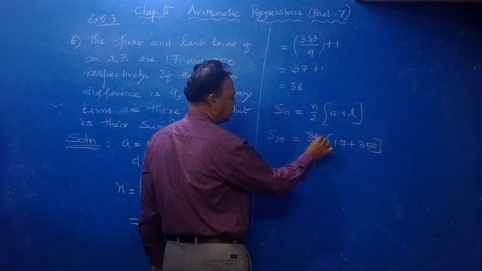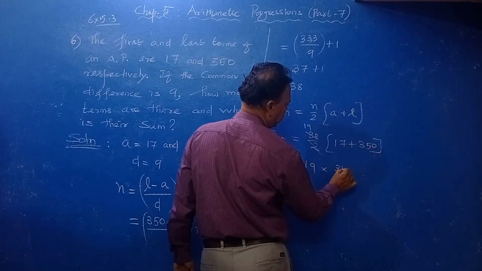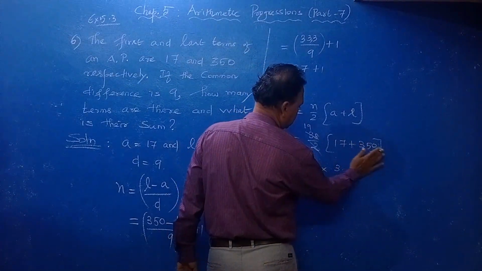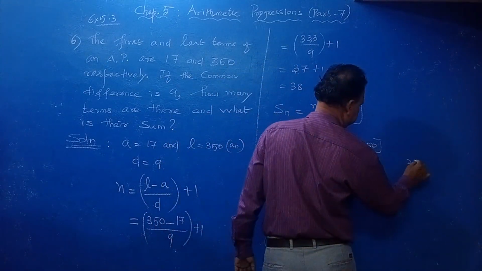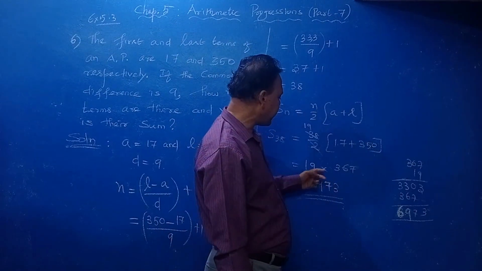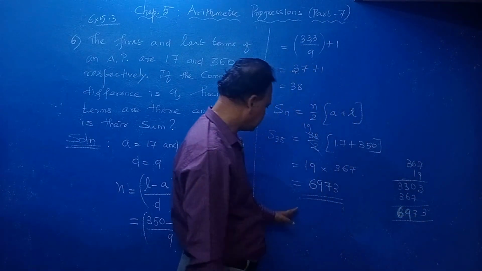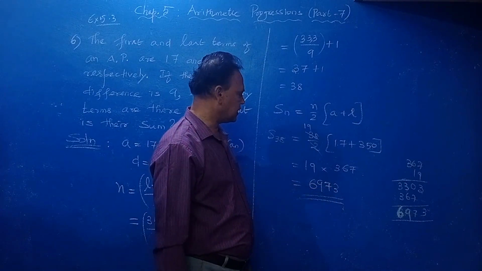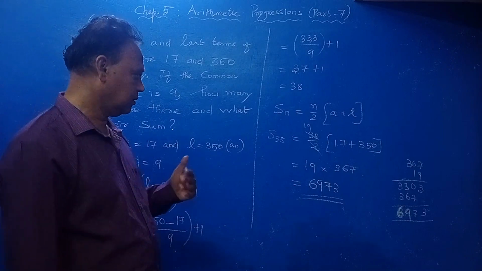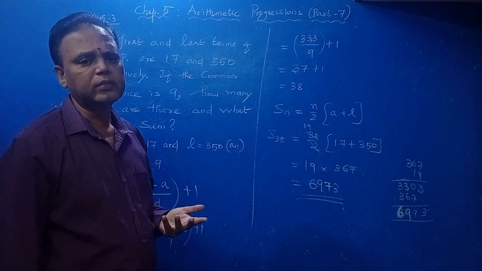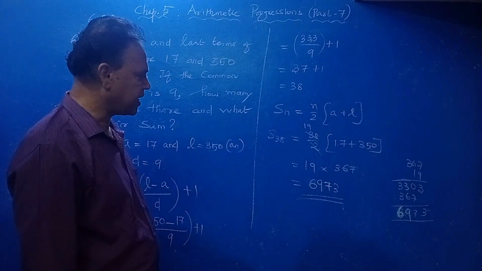Here you cancel, means 19 into 367. Just multiply. When you multiply 19 into 367, you will get 6973. 6973 is the answer, the sum of 38 terms of the given AP.